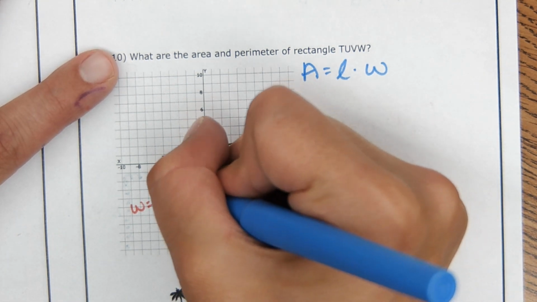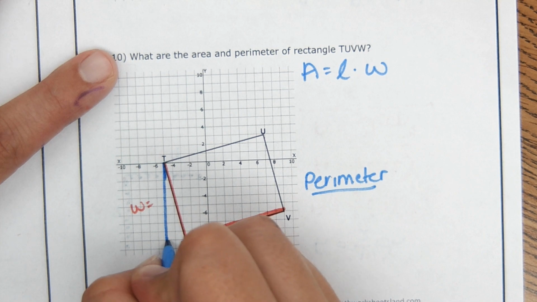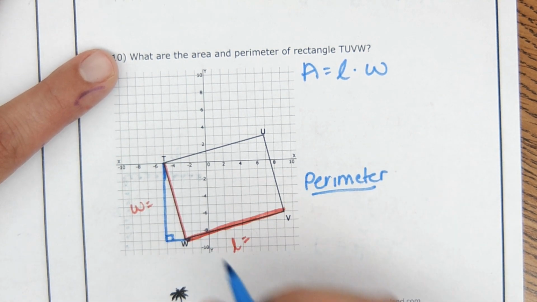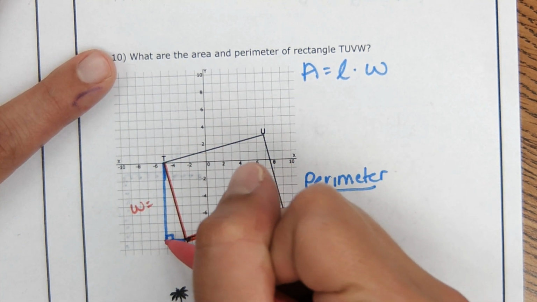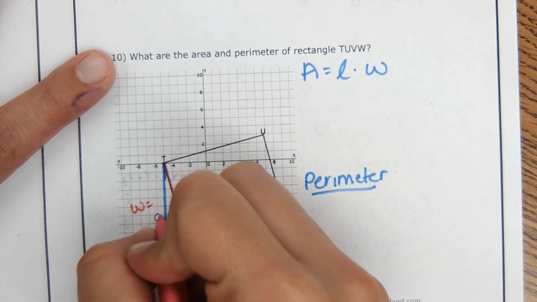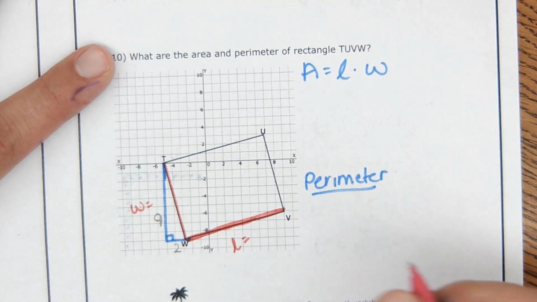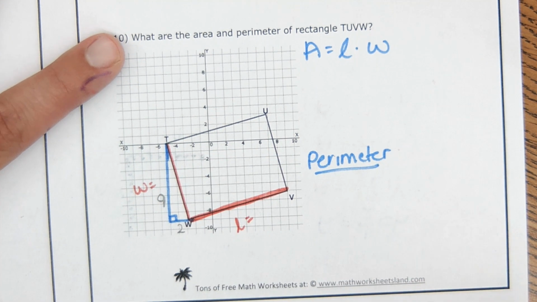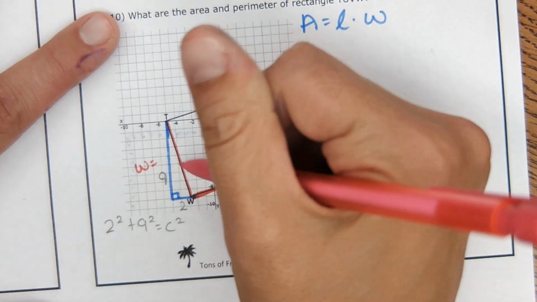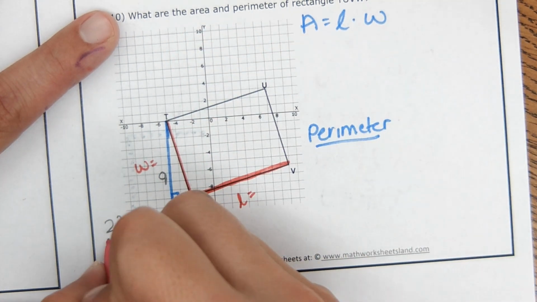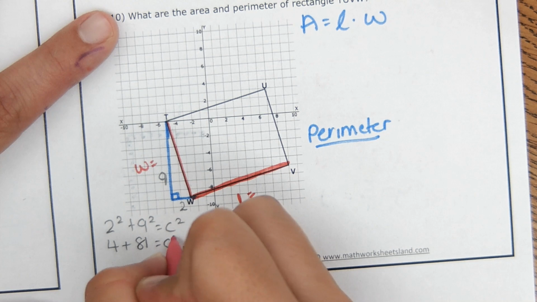So I'm going to sketch out a right triangle and then use the dimensions of that right triangle to find that length. So for this right triangle, this would be 2 units by 0 to -9 would be 9 units. So I can do 2 squared plus 9 squared equals c squared to find this length. 4 plus 81.